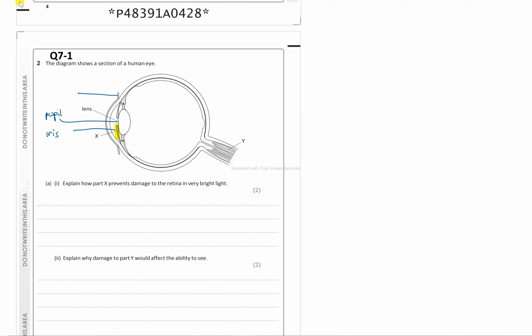That there on the outside, this structure on the outside, is the conjunctiva. That there is the ciliary muscle, and that's the ciliary body. So ciliary muscle.